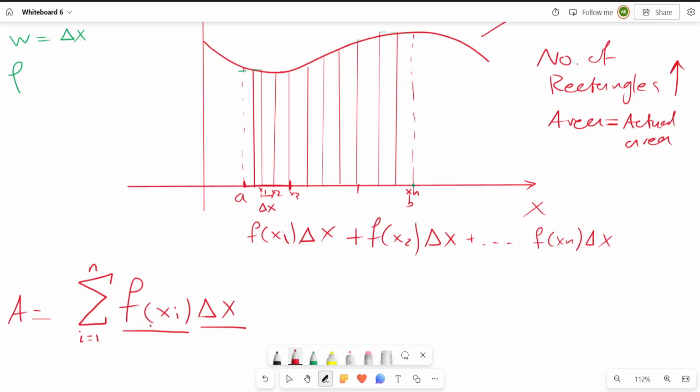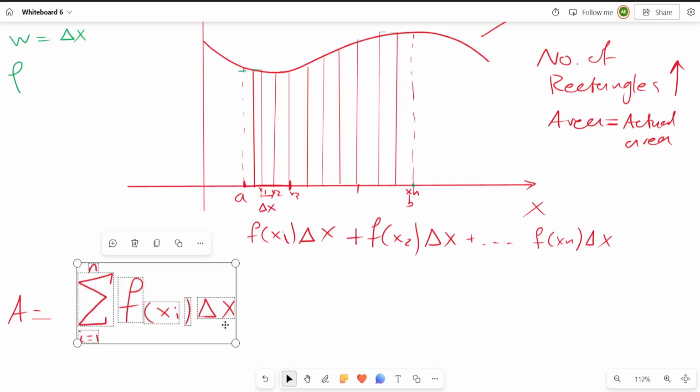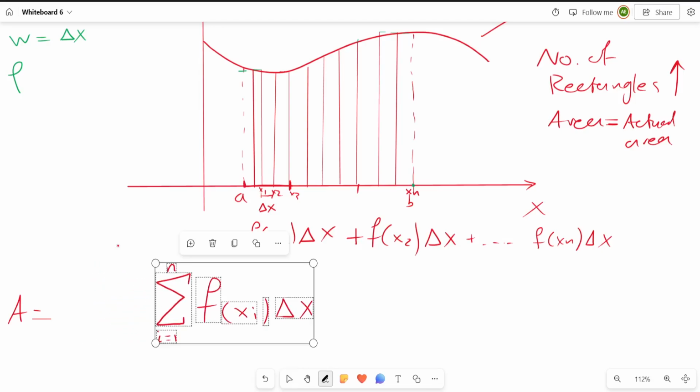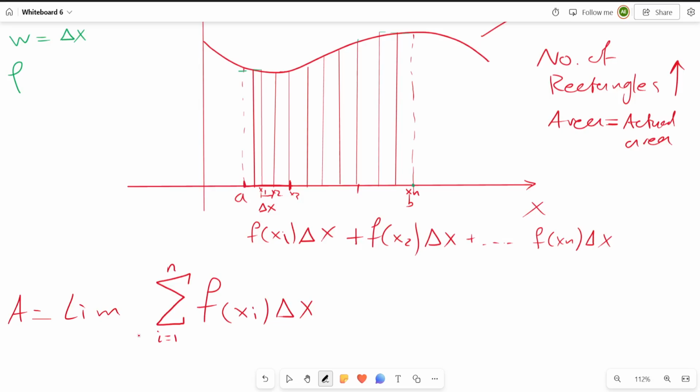The length is the y value of the curve evaluated at xi, so it's f of xi, and the width is super simple, it's delta x. To get the exact area, we need to take a limit as n approaches infinity. So basically, this is how to get the exact area under the curve.